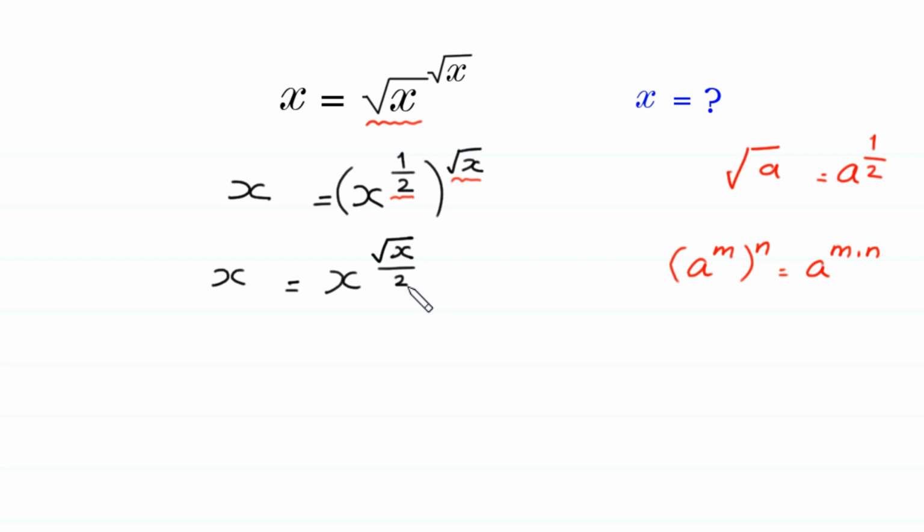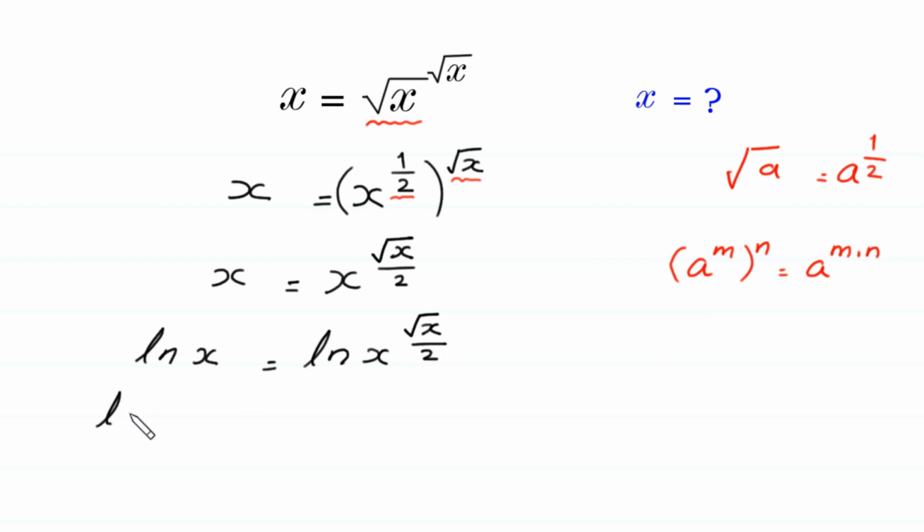Now from here we can solve it by common log or by natural log. For now we will solve it by natural log. Next we take a natural log of both sides. ln of x is equal to ln of x to the power square root of x over 2.